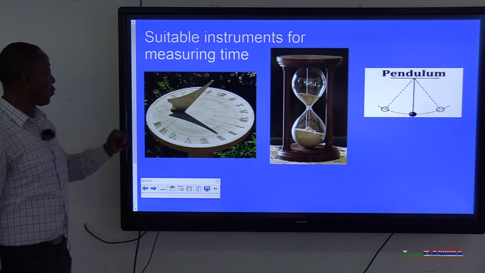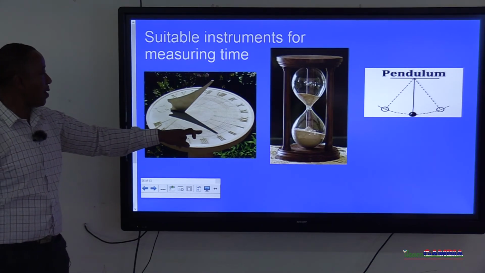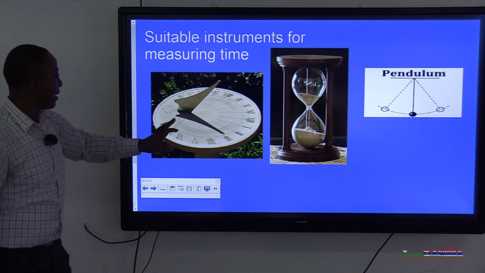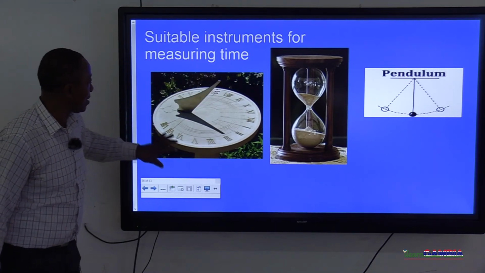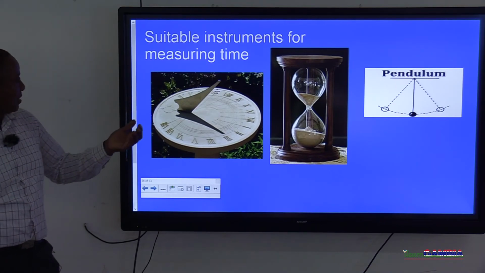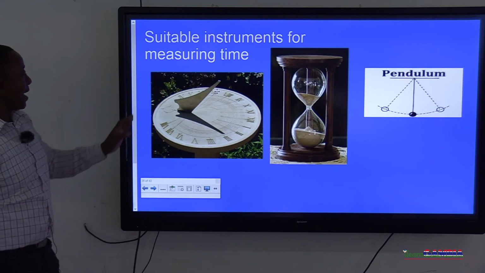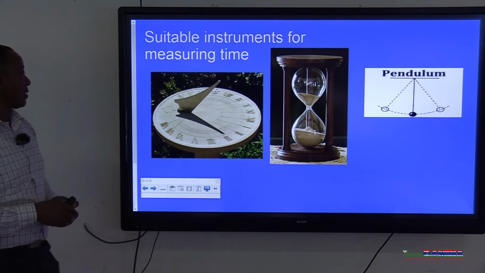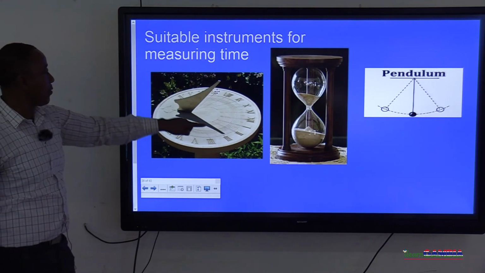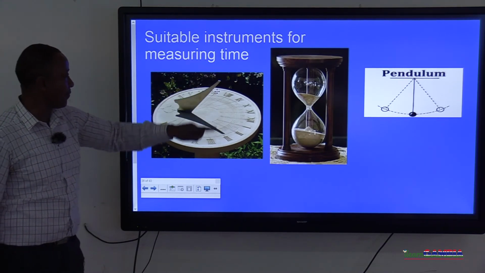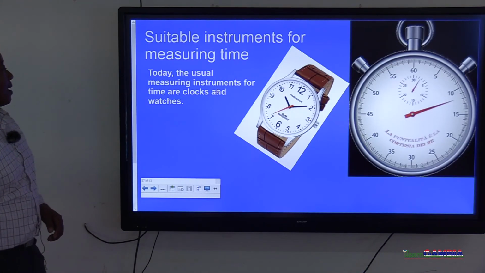And then you have this one that will cast a shadow aligned with the face of the board, which has been divided into 12 hours or whatever number of hours they had in those days. It's placed at a strategic place so that when the sun is moving, the shadow will be located at different points. And with that, they're able to tell time.